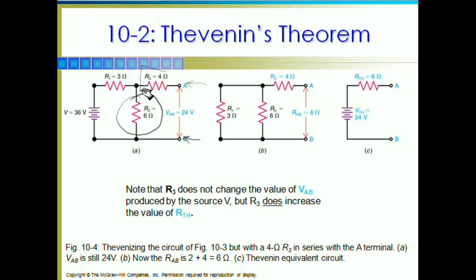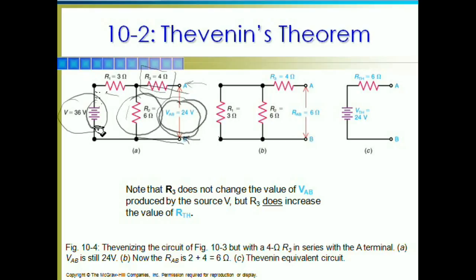This resistor, the 4 ohm, is open. It has no current path. Therefore, I'm going to see the potential across the 6 ohm resistor again. So my voltage still remains 24 volts because I'm still at a 36 volt source. I still have a 3 ohm and a 6 ohm. That math doesn't change. That's 24 volts.